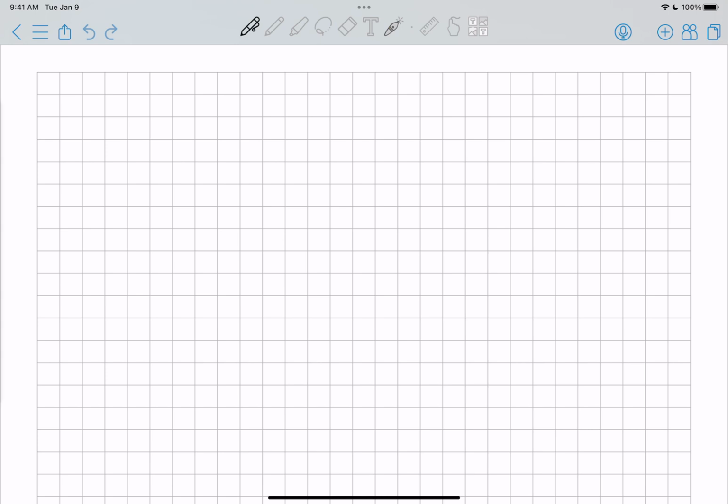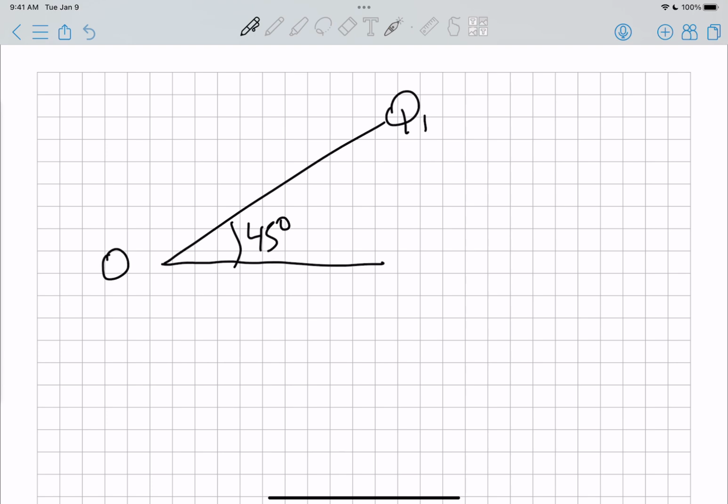Well, from just a general standpoint, if you were only given the angle 45 degrees, and you wanted the x and y components, then let's say they told you that you had q1, q2, and the force between them was 2 times 10 to the 3 newtons or something.